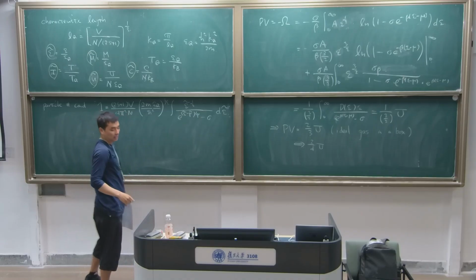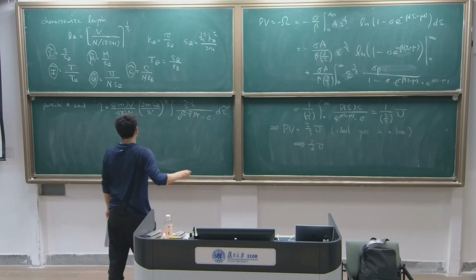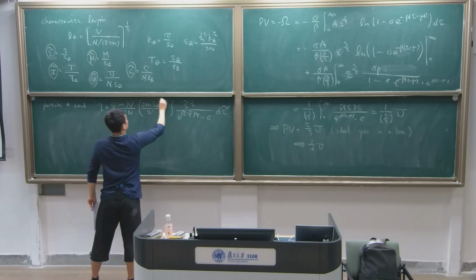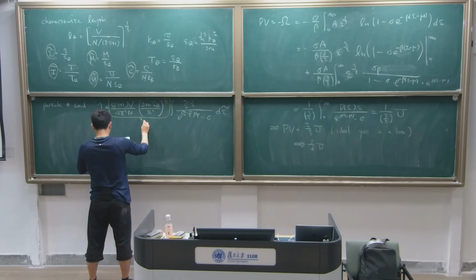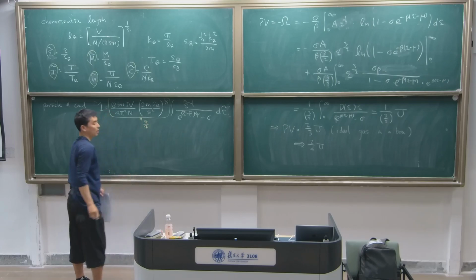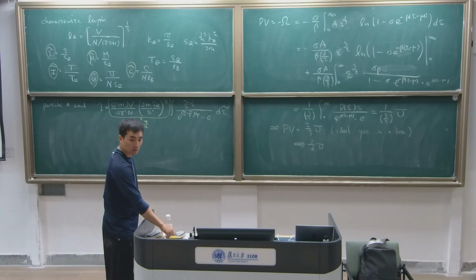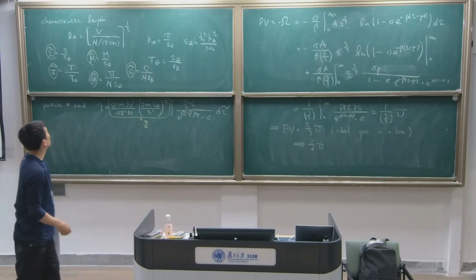You can show that this part will simplify to pi over 4 times 2s plus 1.